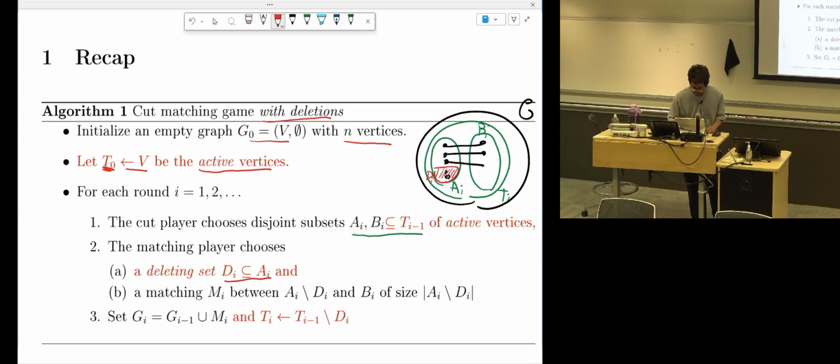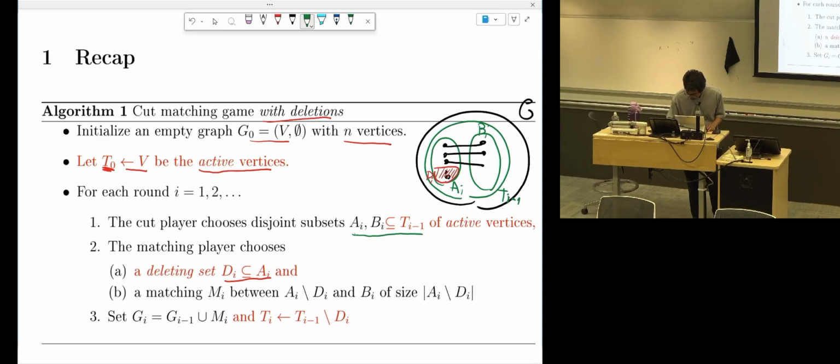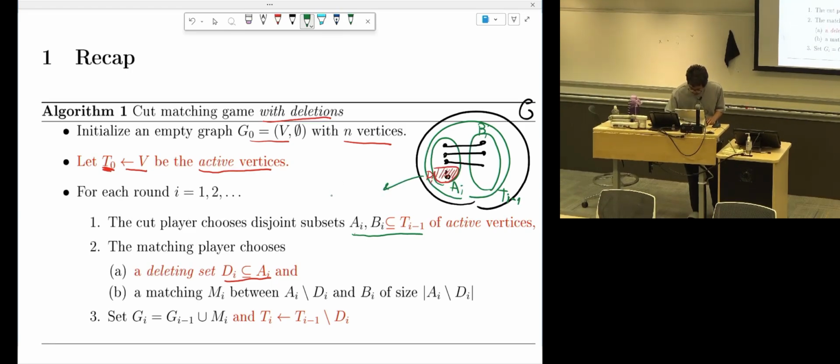Once you delete the set, the active set, which is from the previous round, is updated: you set T to be the active set minus the deleting set, and you add a matching between the part that you don't delete and BI.